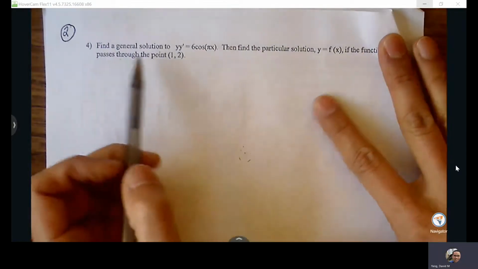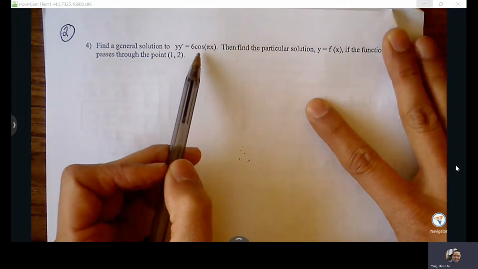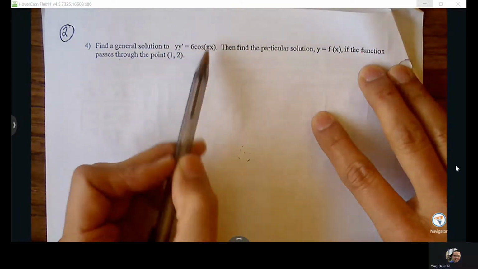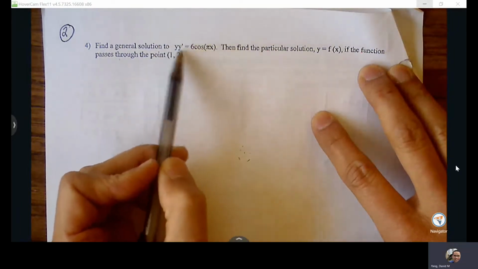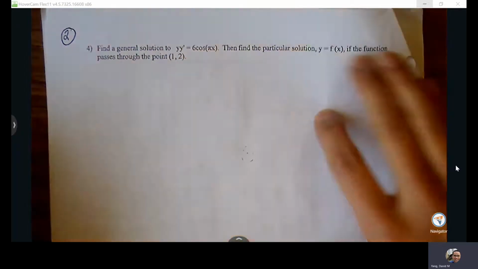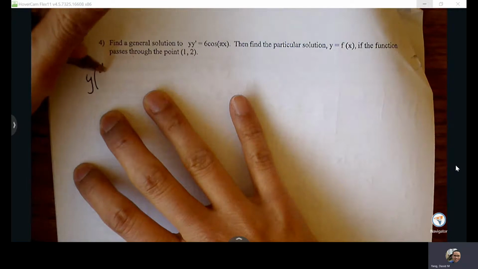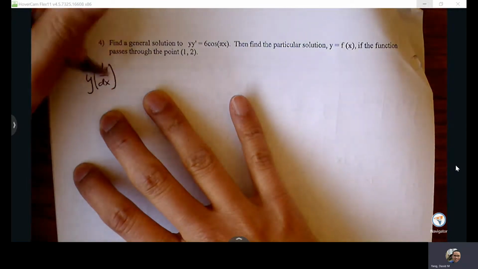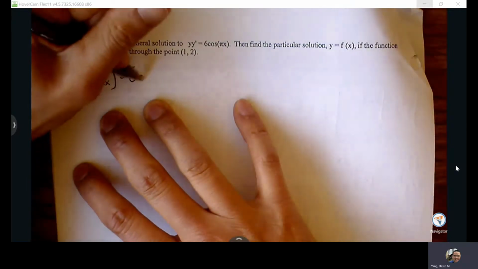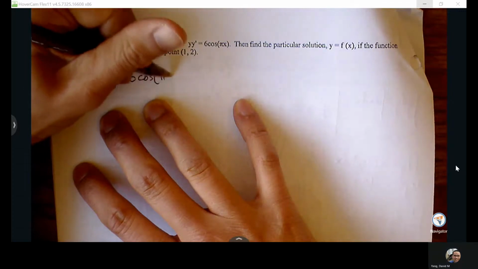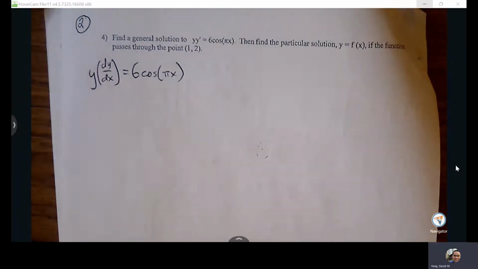Okay, find the general solution for y prime equals 6 cosine pi x. First thing we do is let's get that y prime to be more descriptive for us. So we're going to rewrite that y prime as what? dy dx. Yeah, dy over dx.